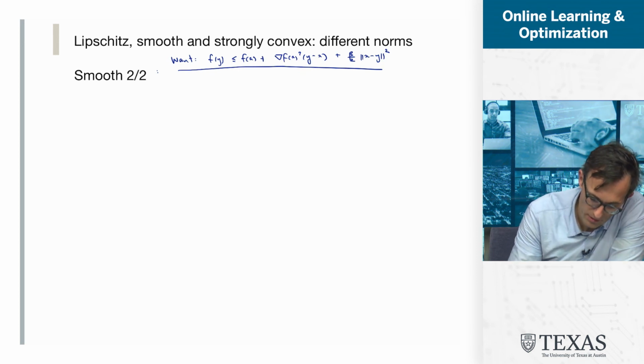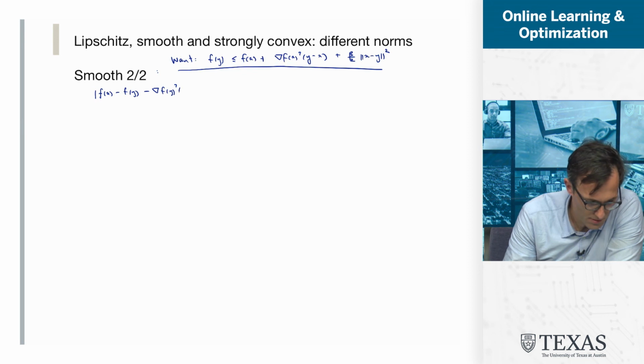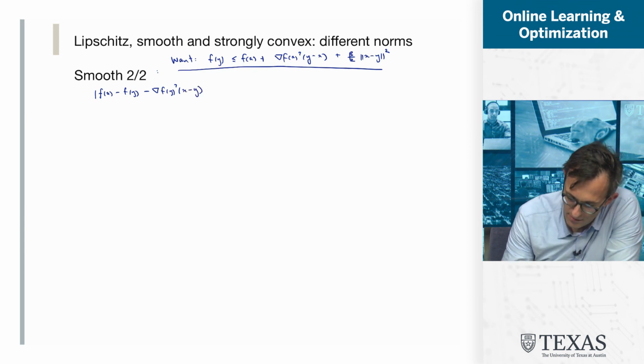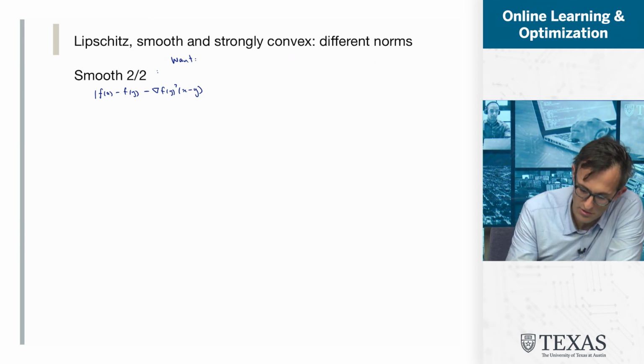So let's see how we can go about this. So the absolute value of f of x minus f of y minus gradient of f of y transpose x minus y. You know what I've done here? I've switched my x's and my y's. So as to not confuse you, let's rewrite this in exactly the notation that we're going to have.